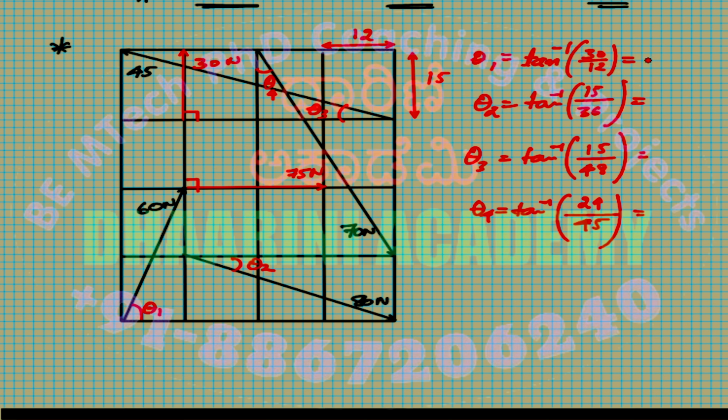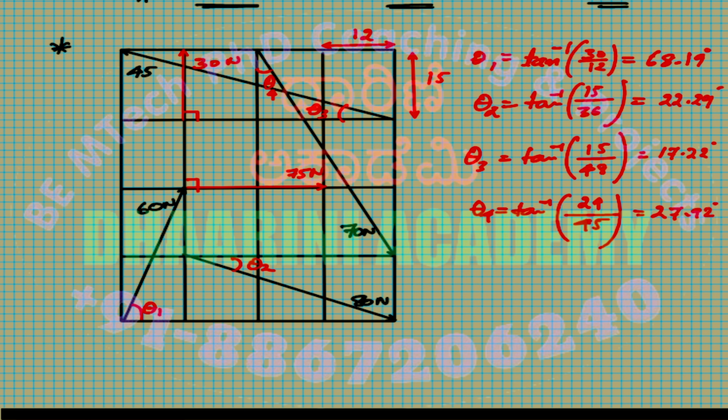Okay, theta 1 is 68.19 degrees. 22.29 degrees is theta 2. Okay. Theta 3, right? Then 27.92 degrees is theta 4.